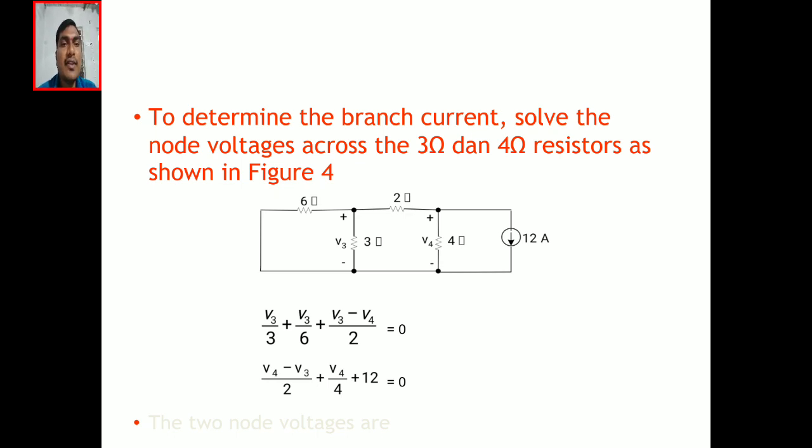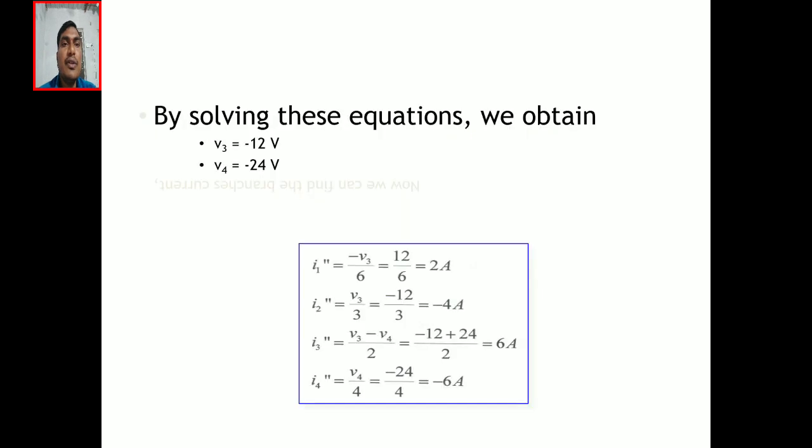These two equations are there. By solving these two equations, we get V3 equal to minus 12 volts and V4 equal to minus 24 volts. Here I have given I1 double dash, I2 double dash, I3 double dash and I4 double dash, because I am considering the second source.